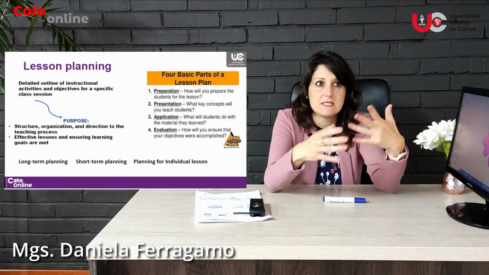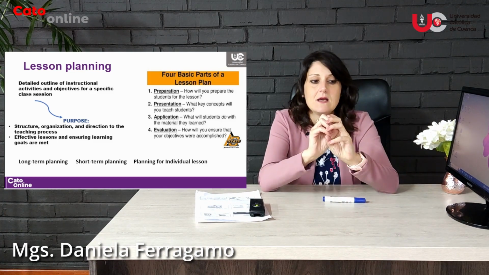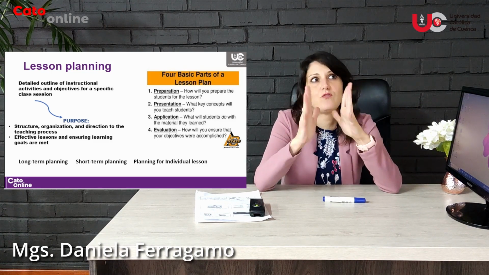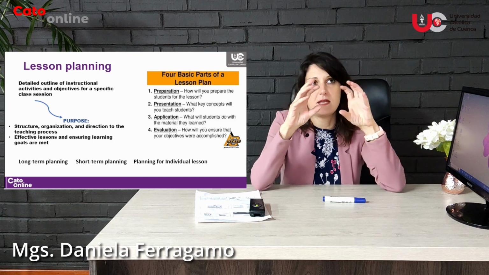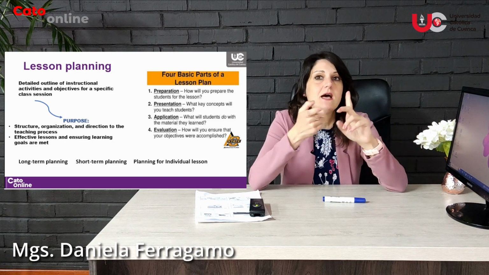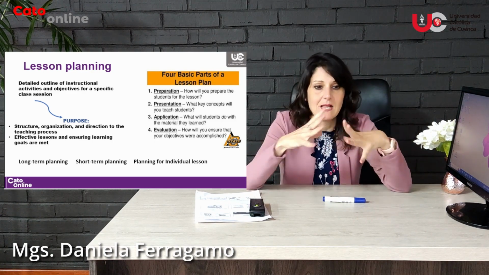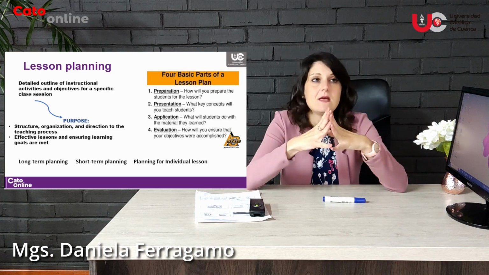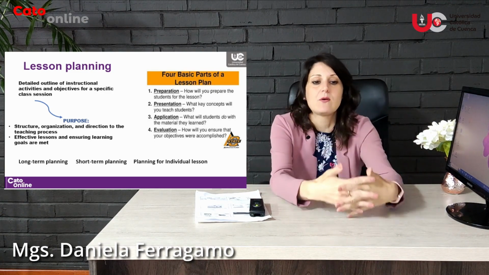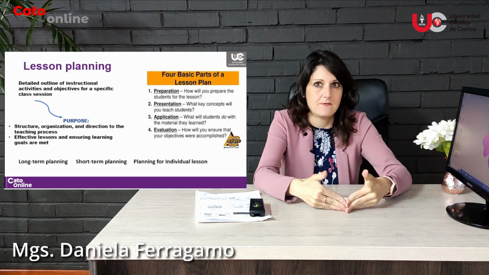Independently of the method we use for the lesson plan, we can say that it has 3 or 4 main parts: preparation, presentation, application, and evaluation. Now, considering one of the best lesson plan methods that you already know from previous modules, the ESA lesson, remember that we have in that case the engage, the study, and the activate phase.